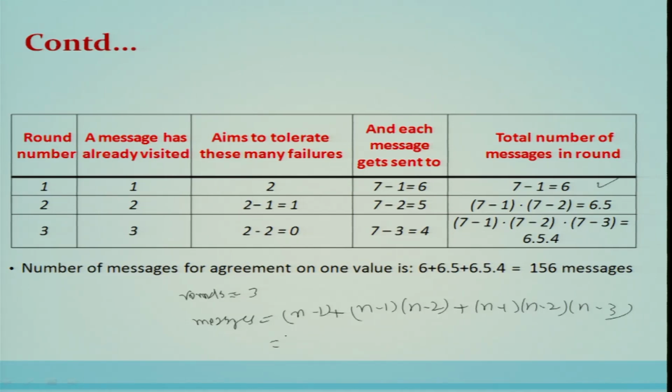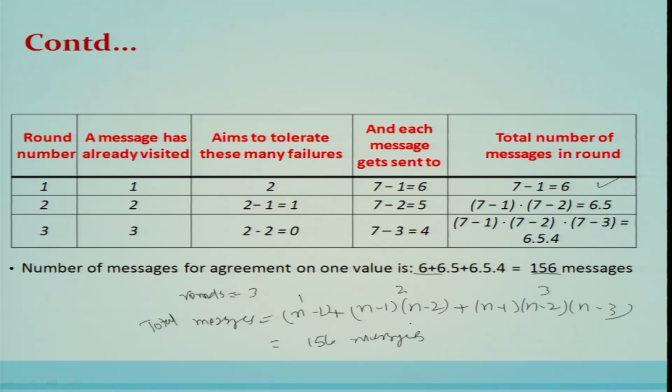Because this is round number 1, this is round number 2, and this is round number 3, with different messages, you have to sum the messages communicated in each round. If you sum them, it comes out to be 156 messages.